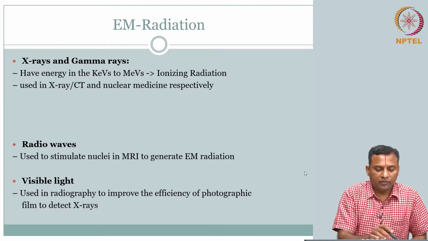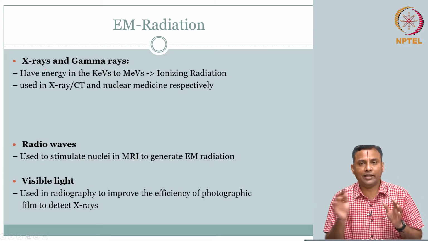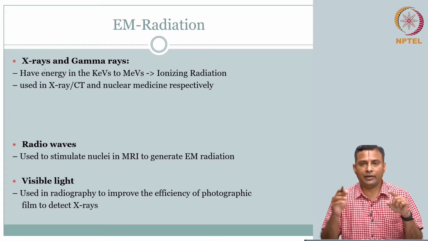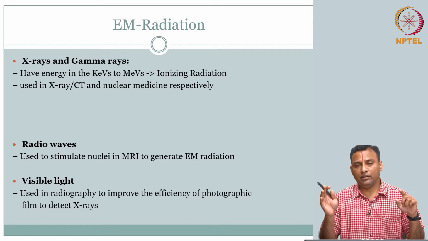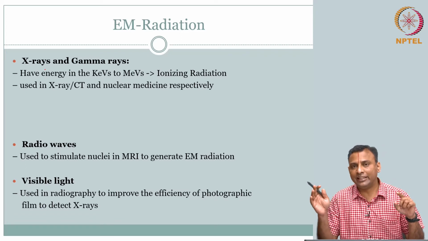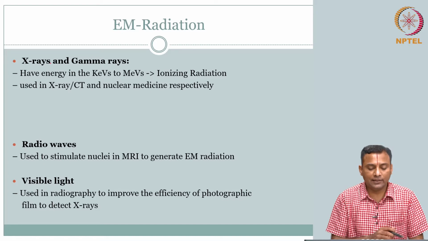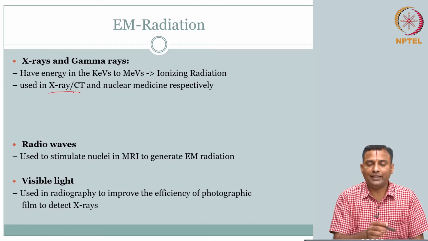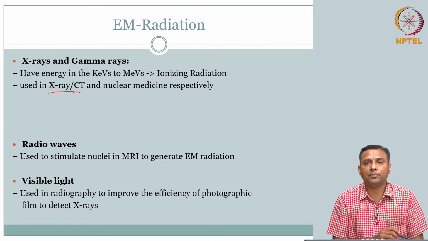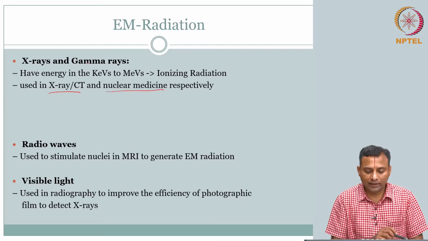First and foremost, the X-rays and gamma rays: if you look at the electromagnetic spectrum, after the visible light, as the energy increases, we will exploit X-rays and gamma rays in the modalities of X-ray CT in the first part, and then later in nuclear medicine, right. So, we will use X-rays and gamma rays.